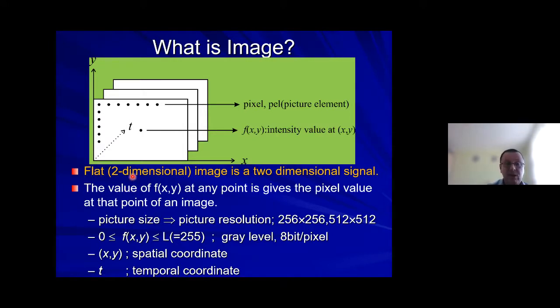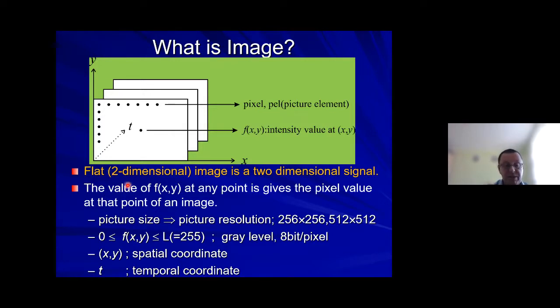We can consider an image, especially a flat image, as a two-dimensional signal, or a multi-dimensional signal if we talk about volumetric images. So the most common situation when we work with medical images is different flat images. In the past it was only drawing and painting. Right now it's typically various types of photos or printed images and so on.